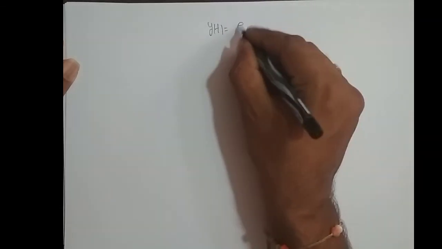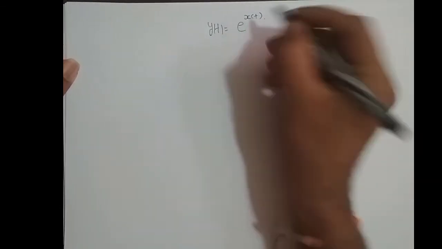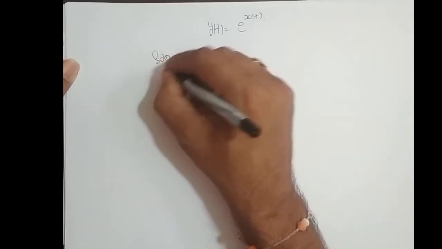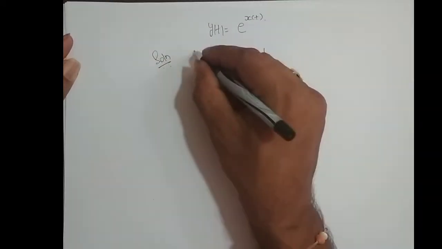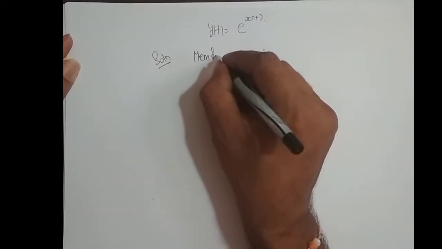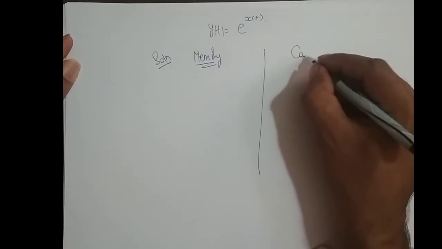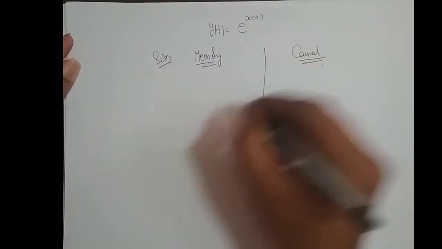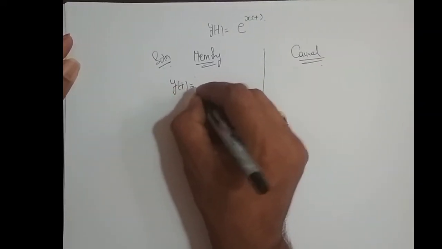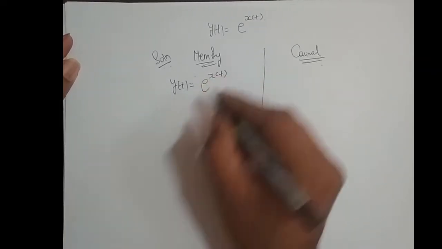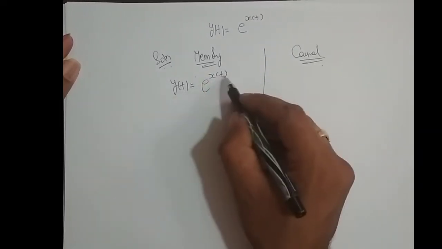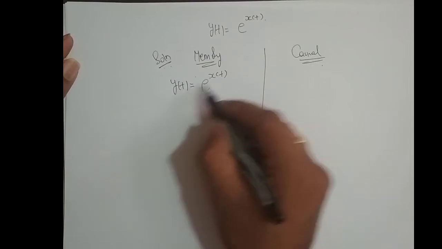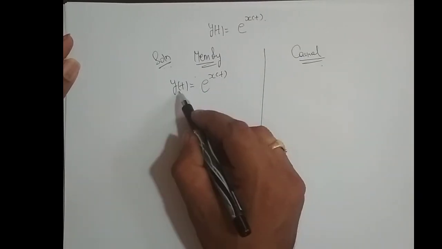We'll take up one more problem. y of t equal to e power x of t. Solution: memory and causal. Now, what about memory? If t is equal to 0, y of 0 is equal to e power x of 0. If t is equal to 10, y of 10 equal to e power x of 10.